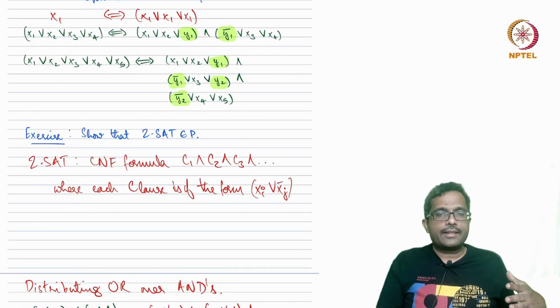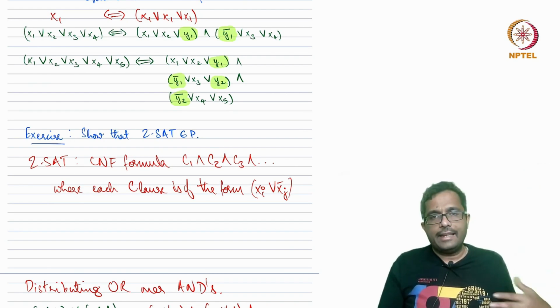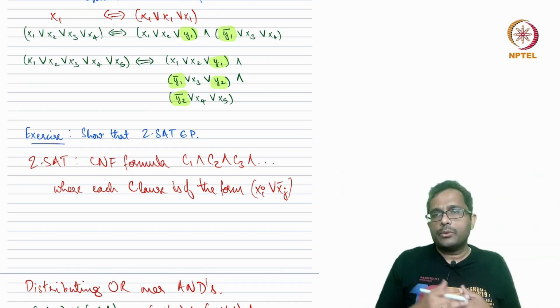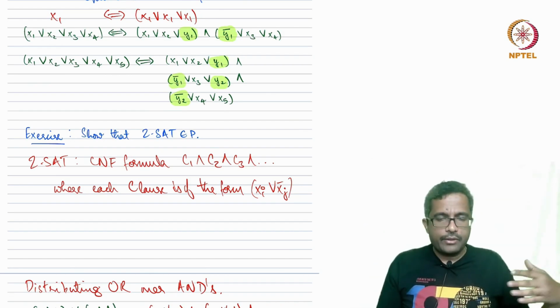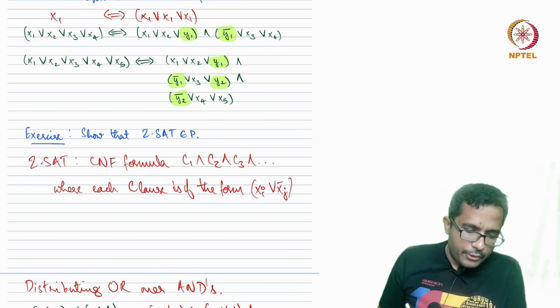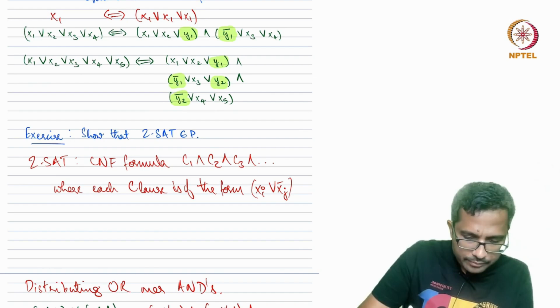So this is something interesting because 2 SAT is in polynomial time while 3 SAT is NP complete, which we expect to be not polynomial time. So what happens when we go from 2 to 3, or what happens when we go from 3 to 2? So the reason is we can view 2 SAT as something like implications.